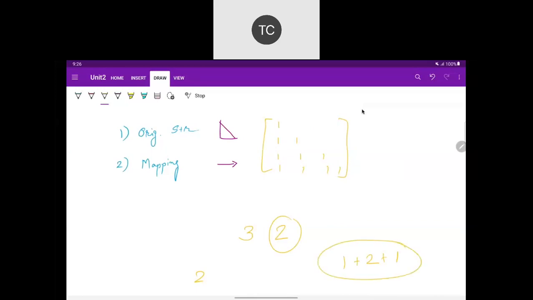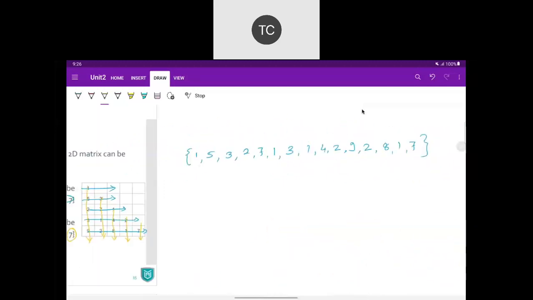Now these many elements are passed. Number of elements मिल गए हैं आपको, then very simple. This is your final required data. And this can be easily converted to program.